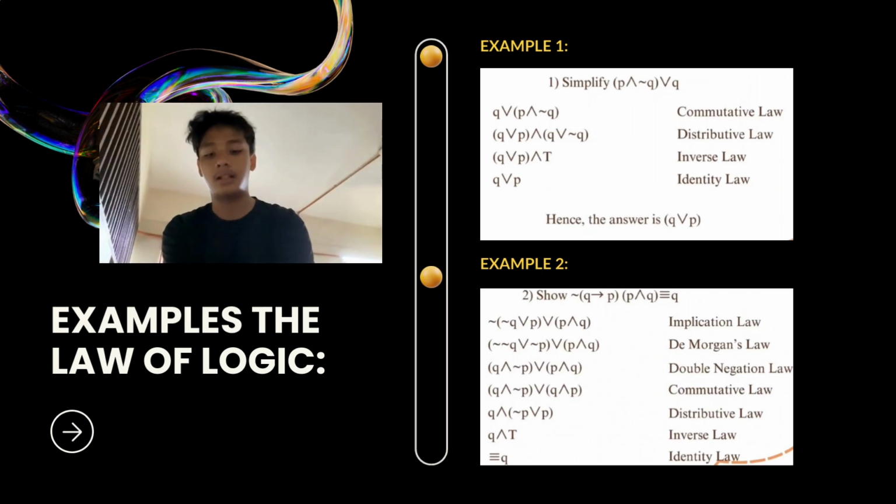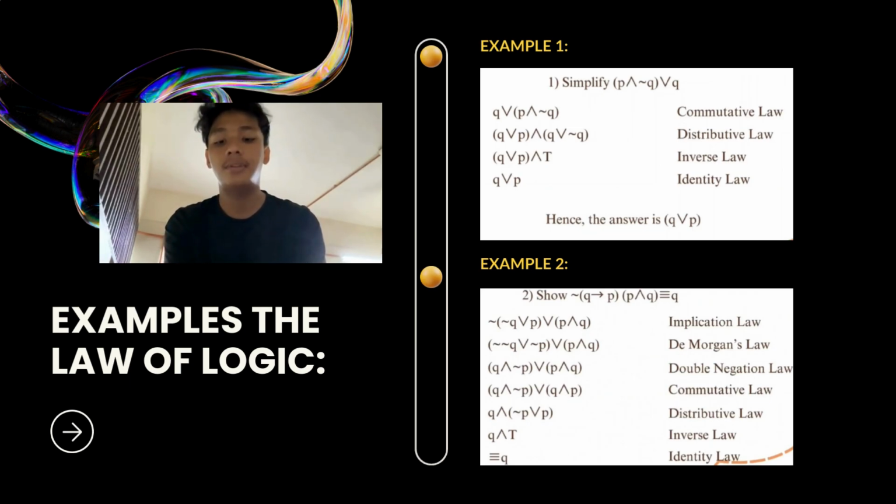Okay, this is the last example. We have to use the laws of logic to prove this proposition. First, we have to use the distributive law. Next we use the distributive law again. Next we use the inverse law to change Q or negation Q to the tautology and negation P or P to the tautology.